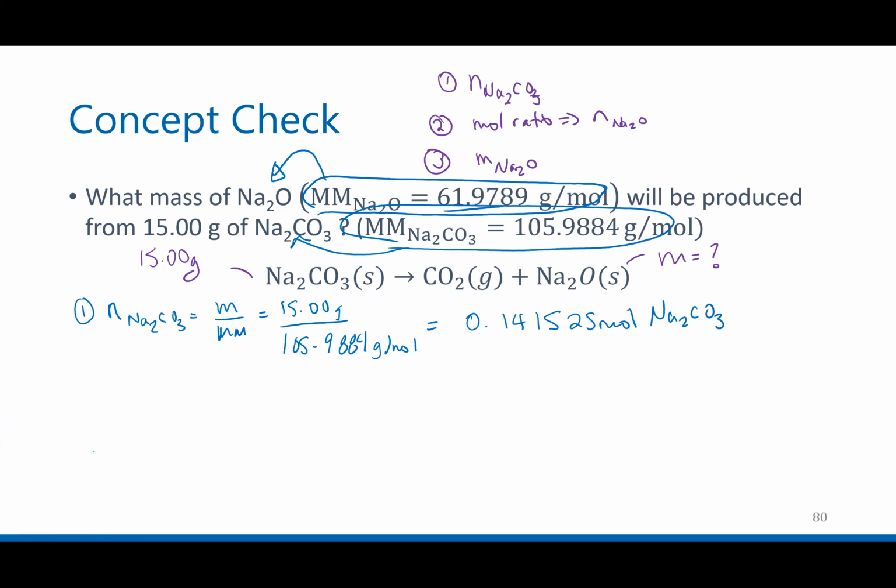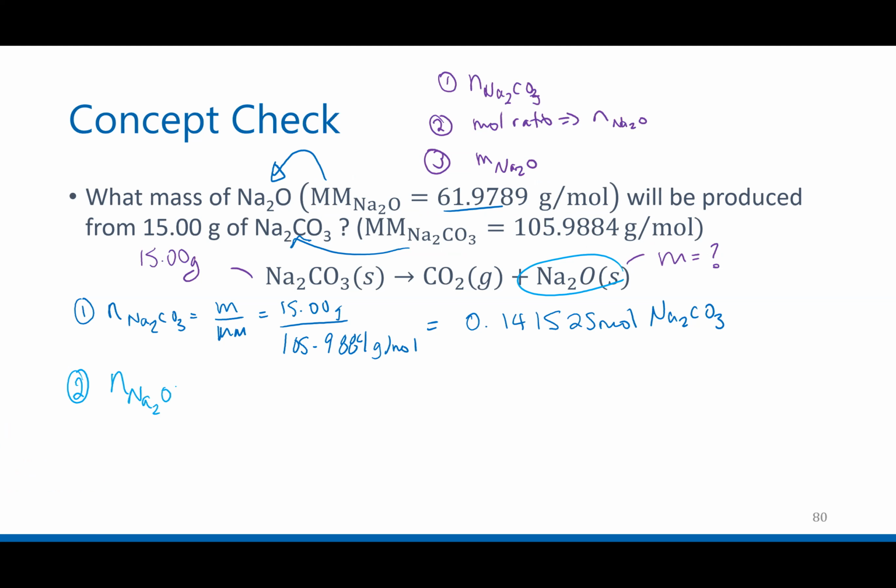Step 2, use your mole ratio. So I don't care about my moles of Na2CO3. I'm looking for moles of Na2O, the sodium oxide. So I'm going to find the moles of that using my balanced chemical equation, my recipe. So I take the answer that I just got, 0.141525 moles of Na2CO3.